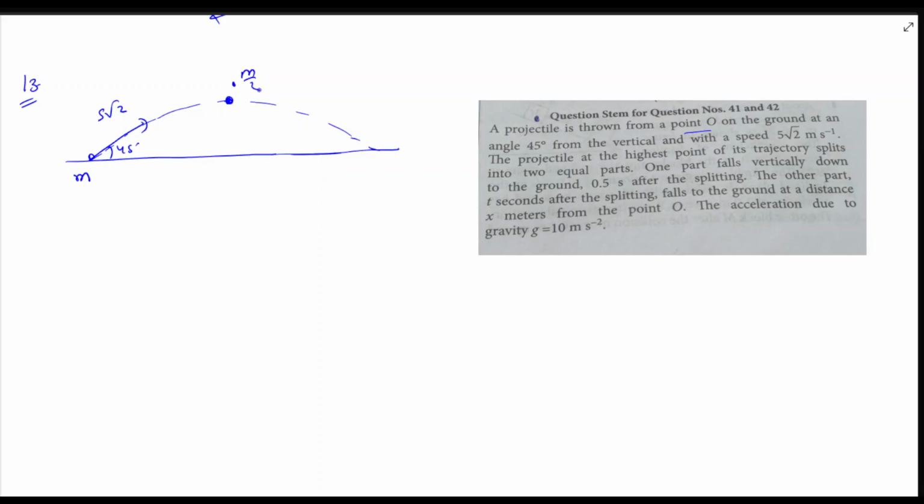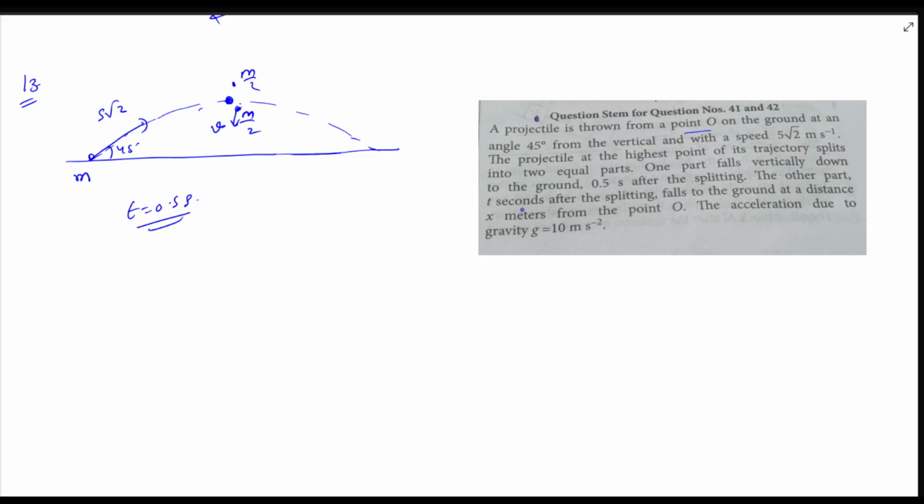This is m by 2 and we have m by 2. One part falls vertically down to the ground. Let's say it starts to move downward with a velocity v, and it takes 0.5 seconds after the splitting to reach the ground.